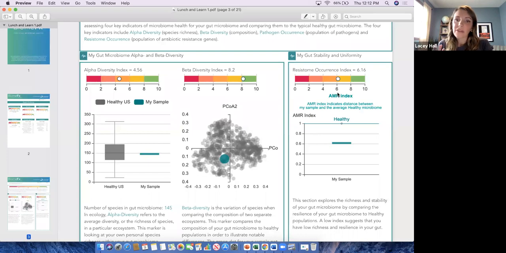So a lot of the information is taking into account antibiotic and antimicrobial resistant genes, since there are certain bacteria that are able to evolve and change in order to become more resistant. That would include groups like Streptococcus and Staphylococcus groups, which we'll see are present at pretty high amounts in this specimen. So we want to create more competition again, and that'll create a stronger resistome as well.